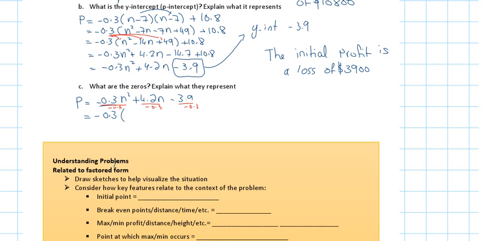So when I divide negative 0.3 by negative 0.3, that's going to give me 1 n squared. You guys told me that's 4.2 divided by negative 0.3, that's going to be 21, negative 21n. And then negative 3.9 divided by negative 0.3? 13. 3.9.